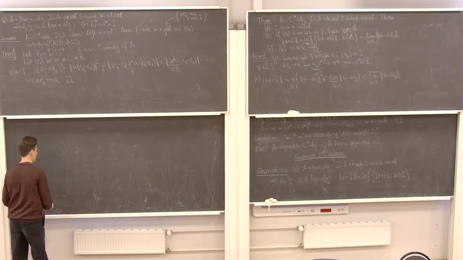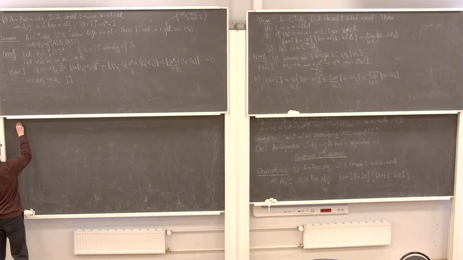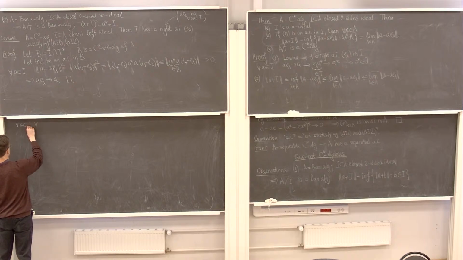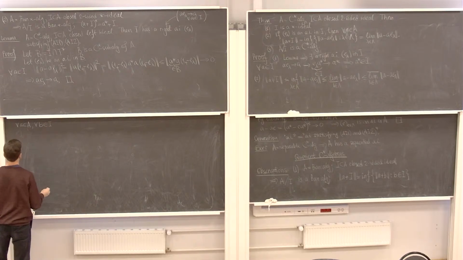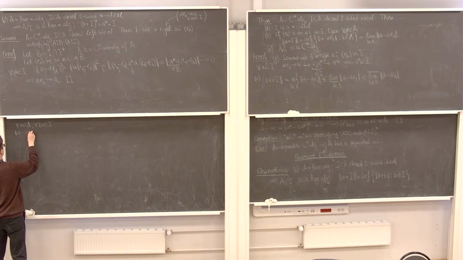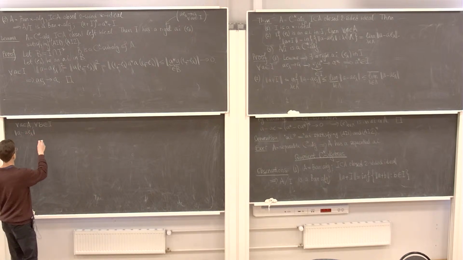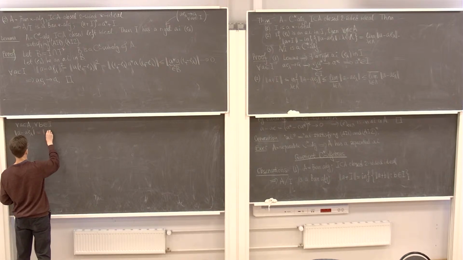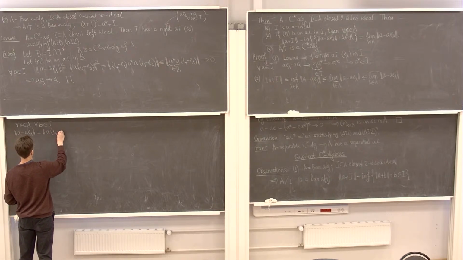Well, let's take an element A in our algebra. Let's take an element B, so A in the algebra and B in the ideal. And let's try to estimate A minus A E lambda as follows. So this is A times 1 minus E lambda.